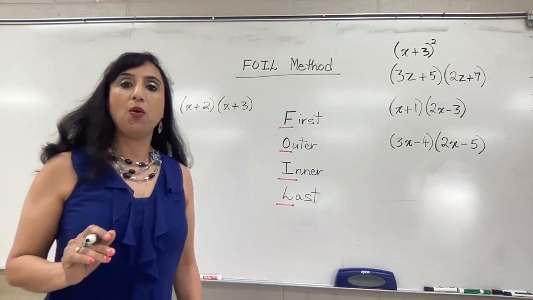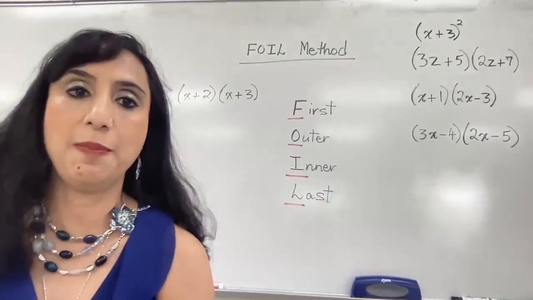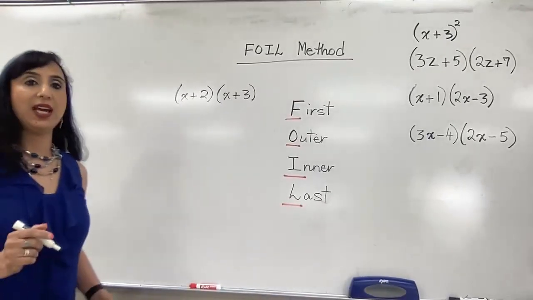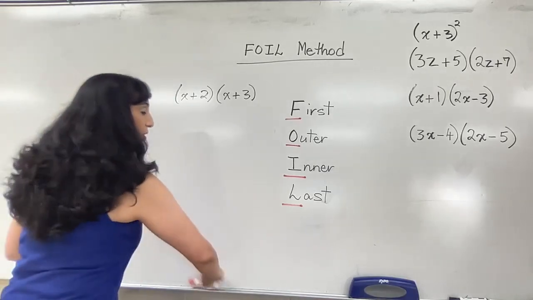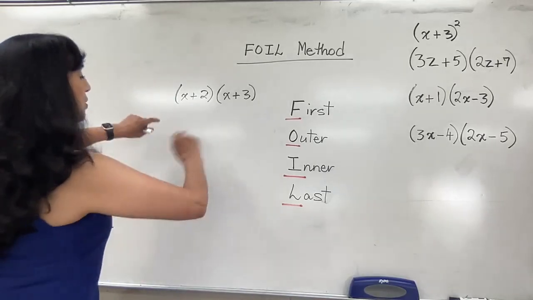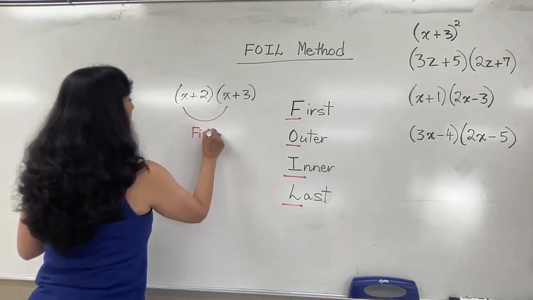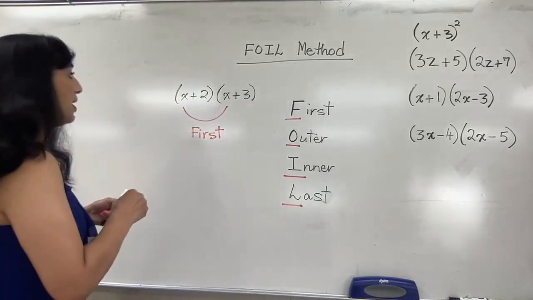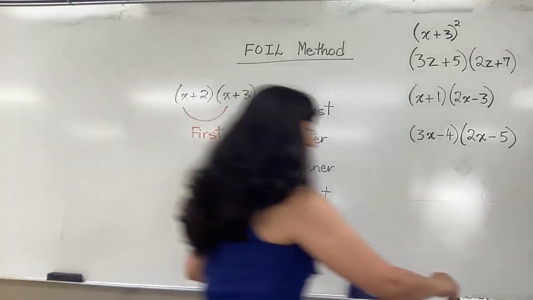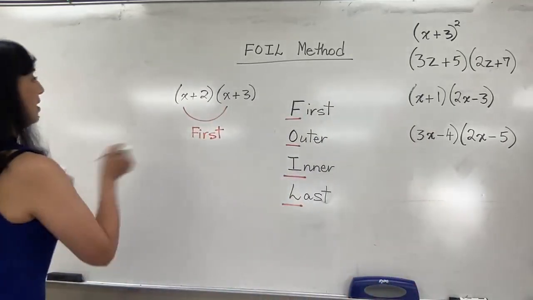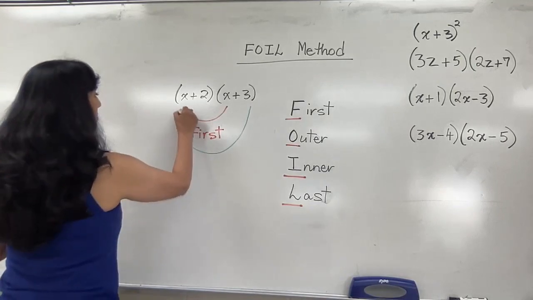Okay. So when I say x plus 2, x plus 3, basically all I'm doing, let's first take the first terms. Let me show you with some colors. These two are my first terms. And then it has outer. When I say outer terms, this and this are my outer terms, these two.